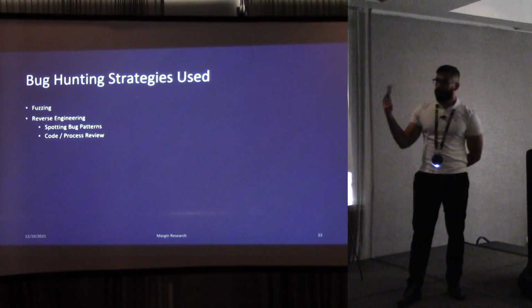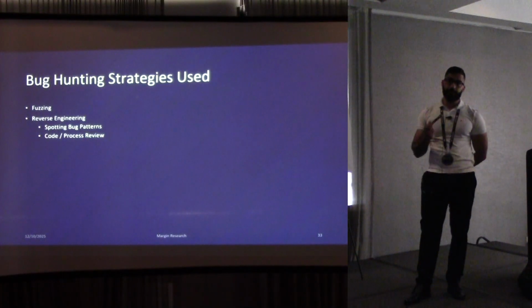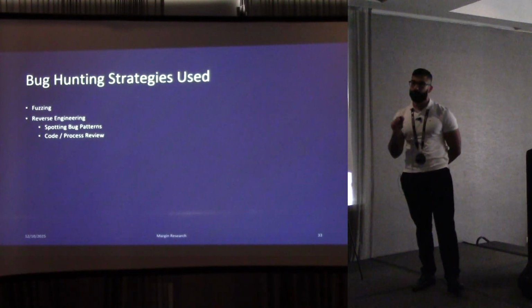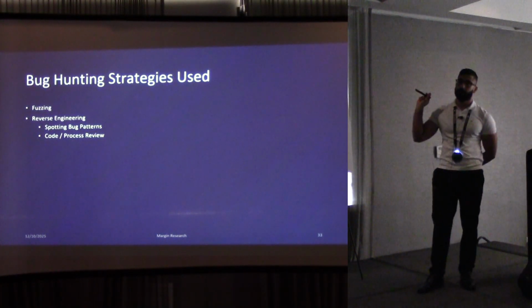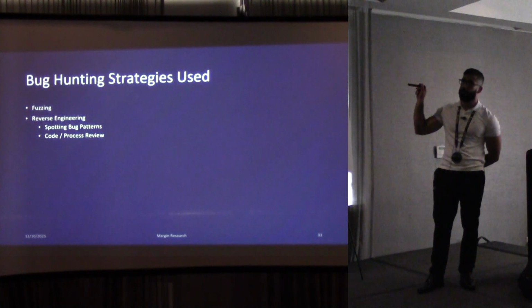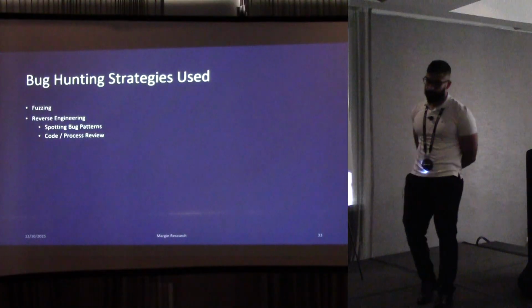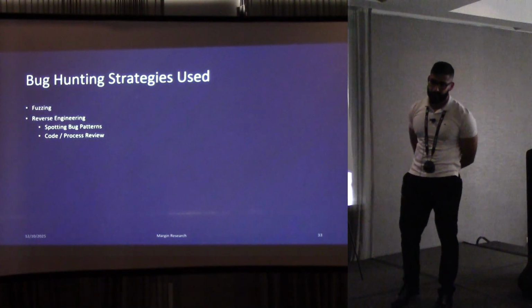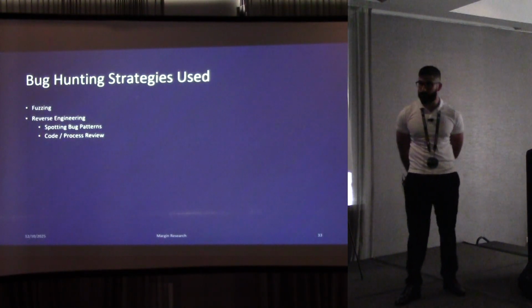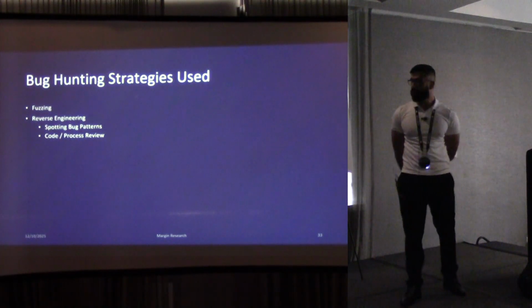So with fuzzing, I built a very, very targeted dumb fuzzer for the HSM control code. And with reverse engineering, there were a few documented bugs by the time I looked at this, like I said.